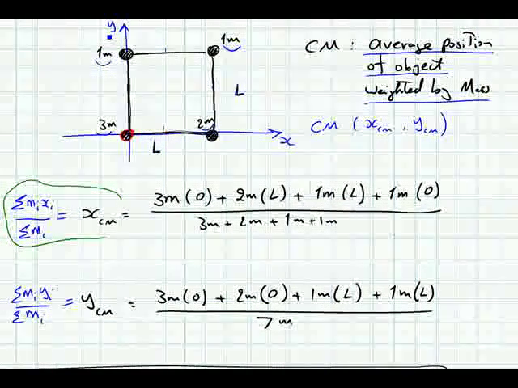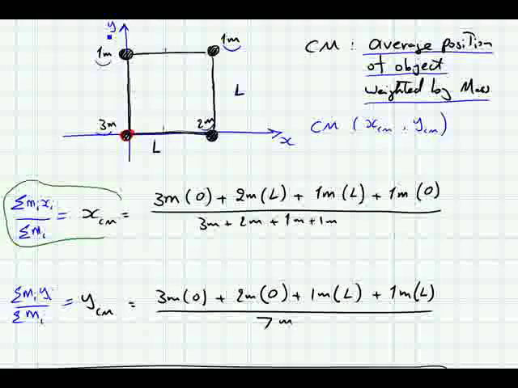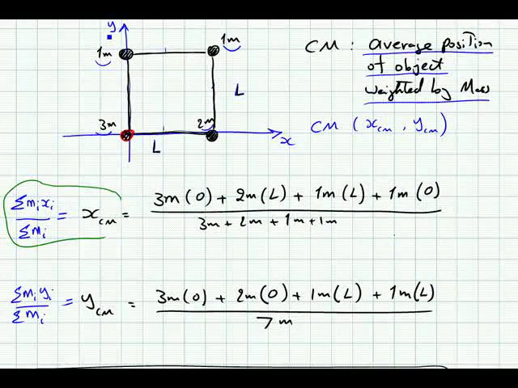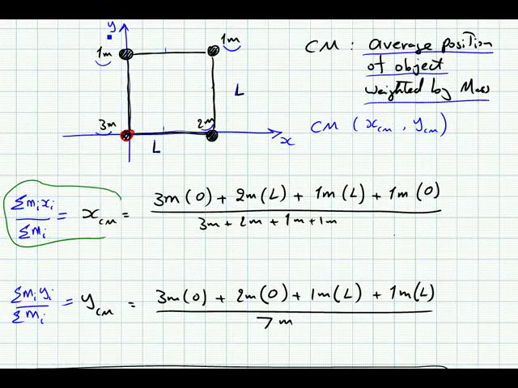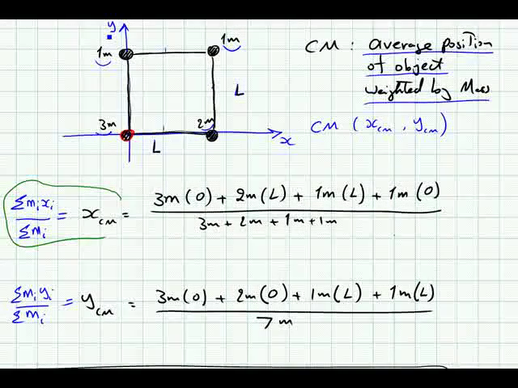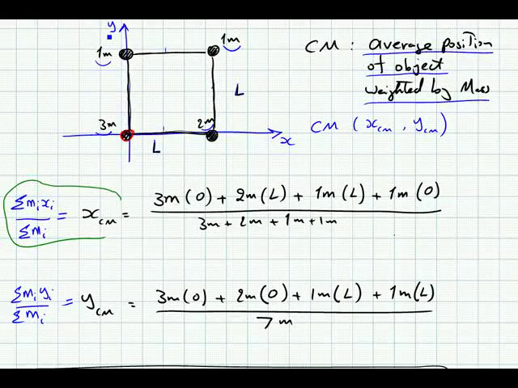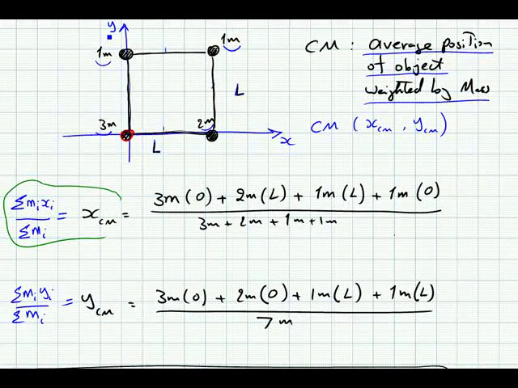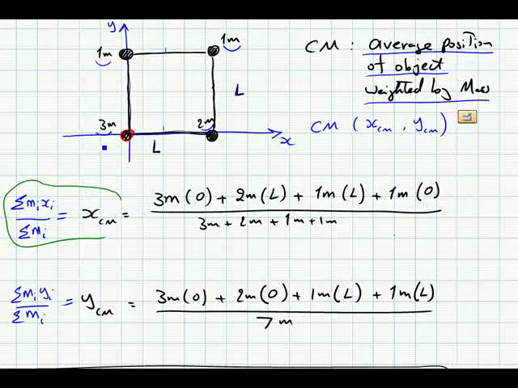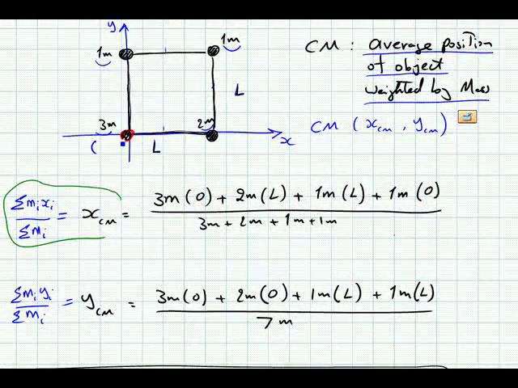However, it behooves you, in order to simplify the math, to draw the xy coordinates, which of course have to be perpendicular to each other, in such a way that as many of the objects lie on one or the other axis as possible. As you can see here, I have made sure that at least 3 of the masses are on one or the other axis. Now, having done that, go ahead and write the coordinates for each mass.